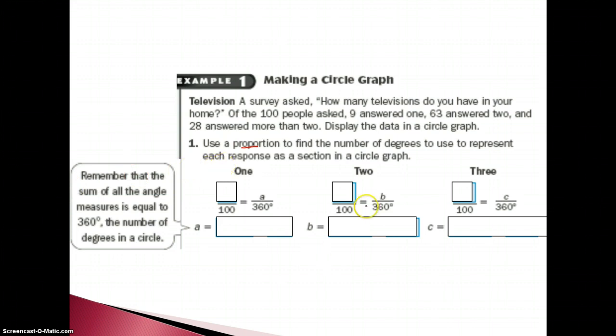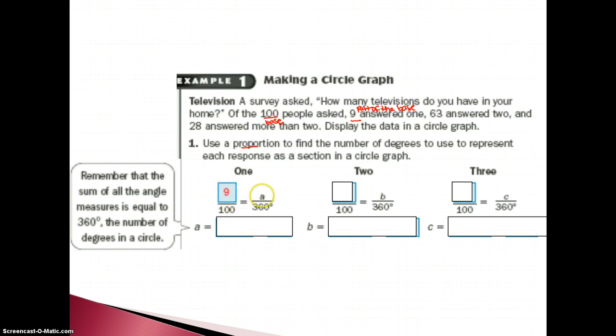We are going to take the fact that there was 9 people that answered 1 out of 100. So you can think of this as your base, and then 9 is your part of the base. Here you have 9 over 100.